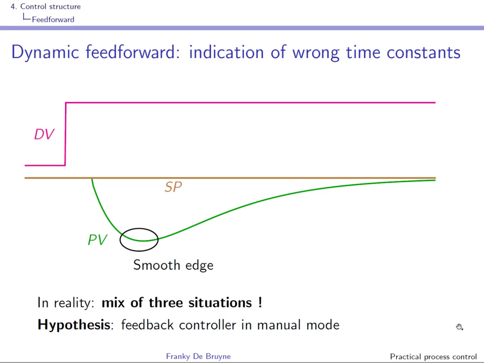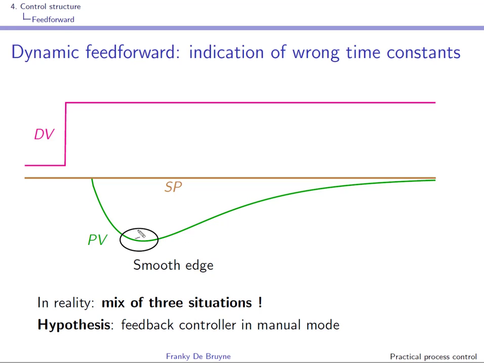Again, we look at a step-like disturbance, and the controller is in manual mode with PV on set point. This time, we have a much smoother response on PV. We see that there is a control deviation, but that it goes to 0. So we can conclude here that the gain in the feed forward has been chosen properly.